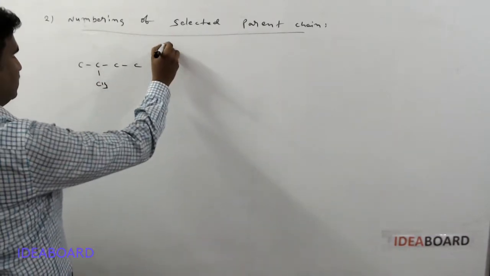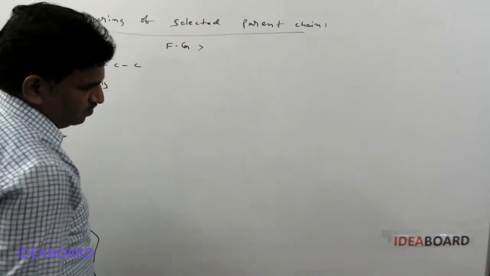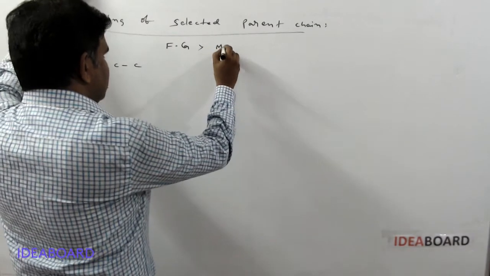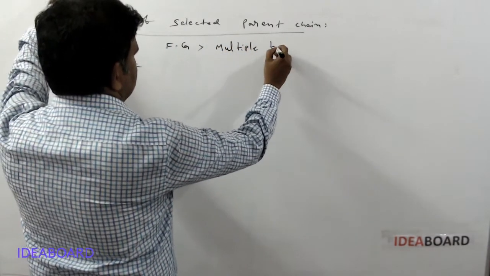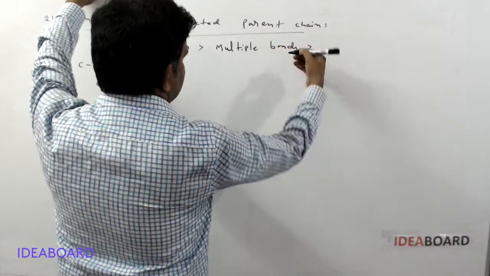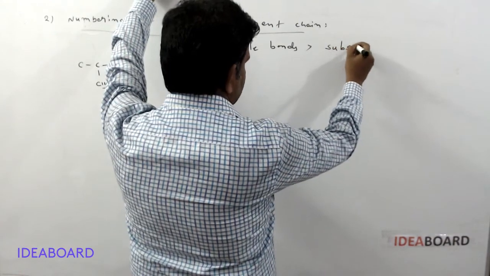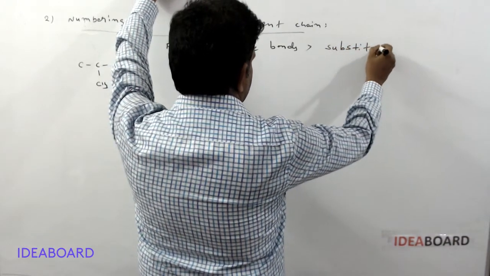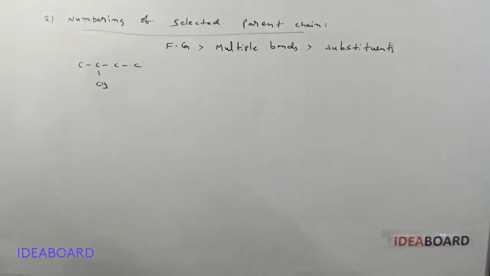And in this also there is a priority order. First go for the functional group, next go for the multiple bonds. Multiple bond means either a double bond or a triple bond. Third, give the priority to the substituents. Substituents means alkyl groups, halo and some other groups.